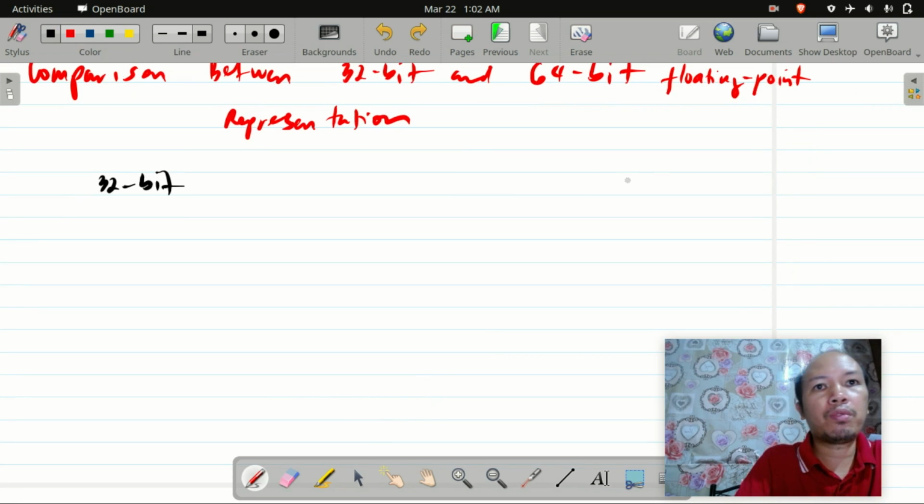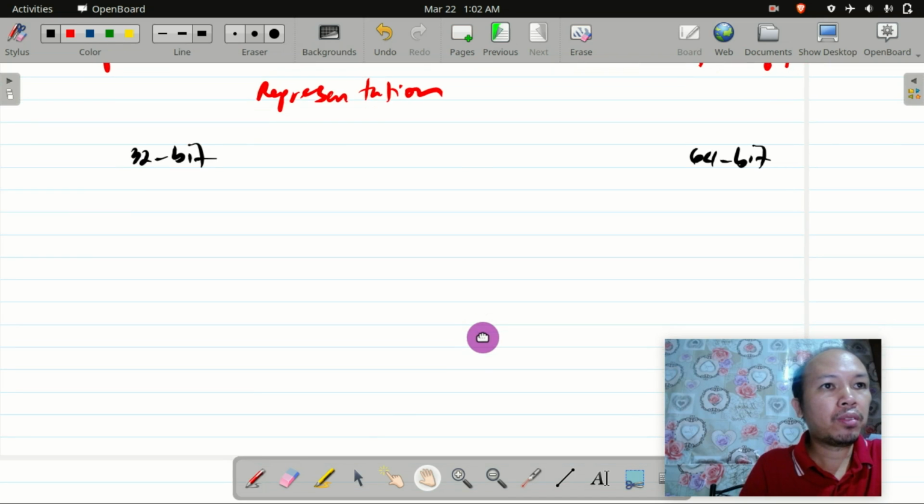The 32-bit representation is the same as this one, single precision.